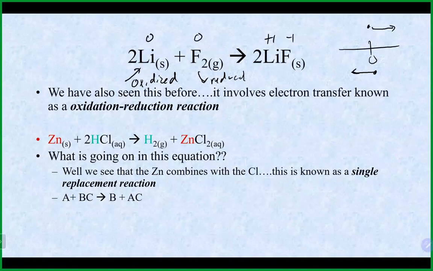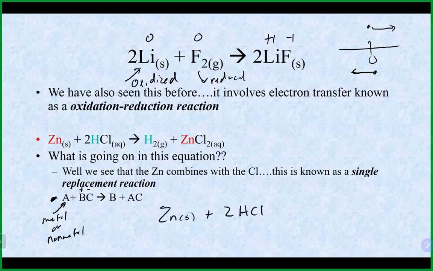And in a single replacement reaction, you pretty much have either a metal or a nonmetal that is not attached to anybody else, just by itself, and you have an ionic compound like this. So what happens in this case, for example, is the zinc that is no charge becomes +1 here and -1 here.